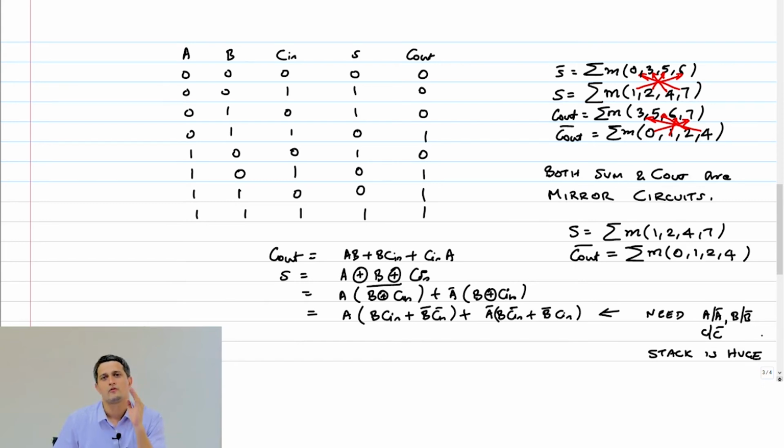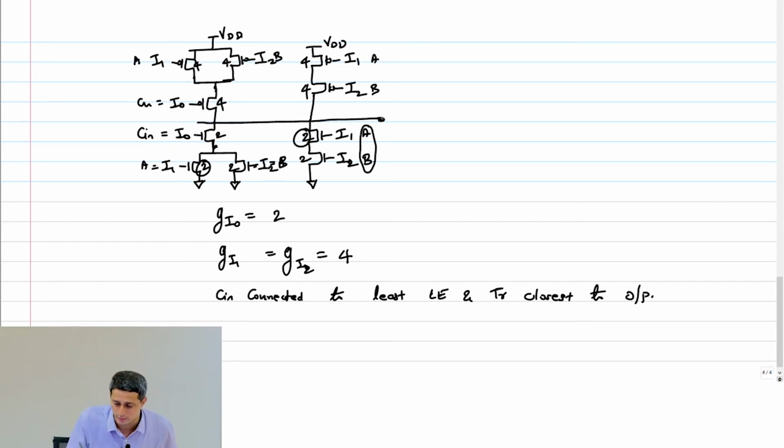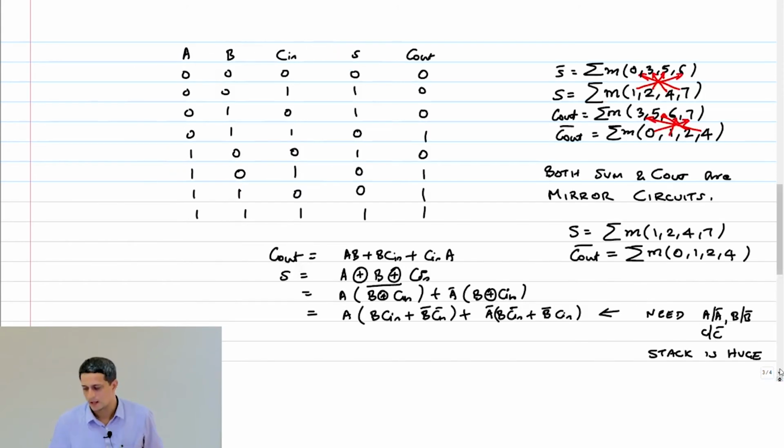Right? So we have to just now take the Cout bar that was generated, by the way, right? And remember, this expression that we got here is what? Cout bar. Okay. So we can take that Cout bar and use it as an input to our sum circuit, if I can express the sum in terms of the Cout bar correctly.